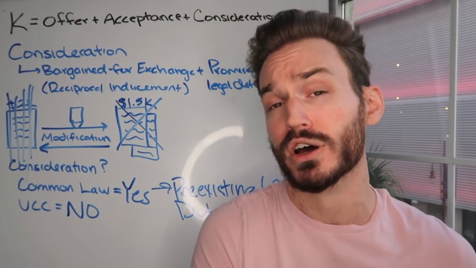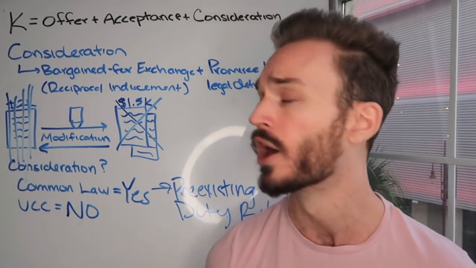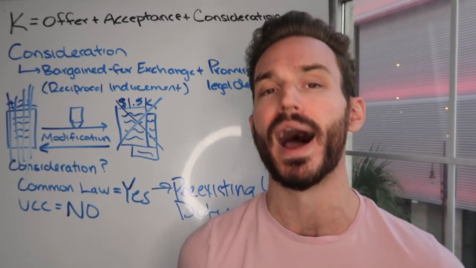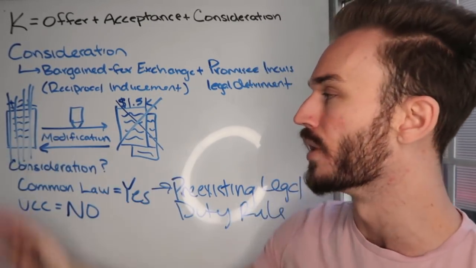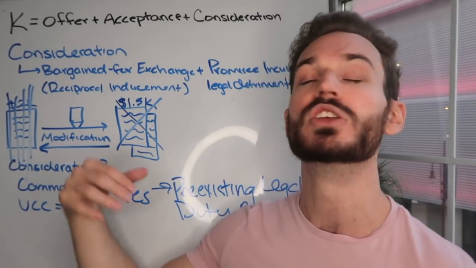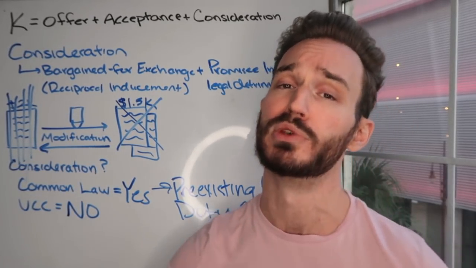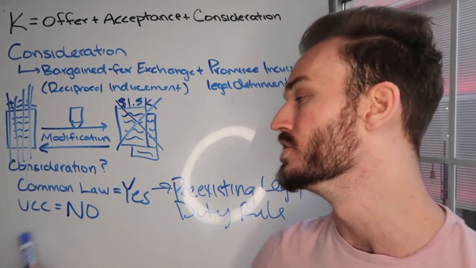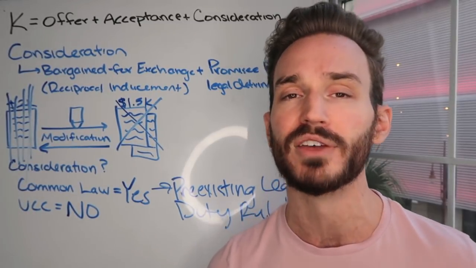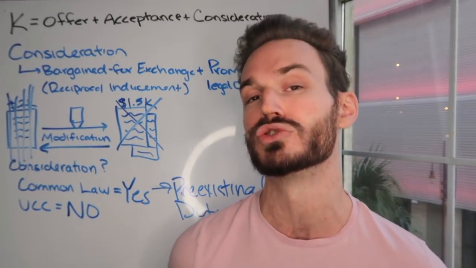Once we have a traditional enforceable contract, what happens if we want to modify that agreement? And we know, right? If you're in the common law, then the modification has to be supported by consideration. If you're in the UCC, it's just a good faith test. And that's going to be it for contract formation.